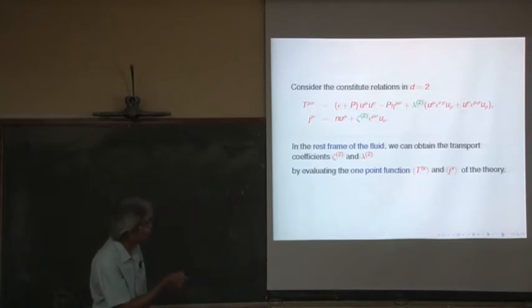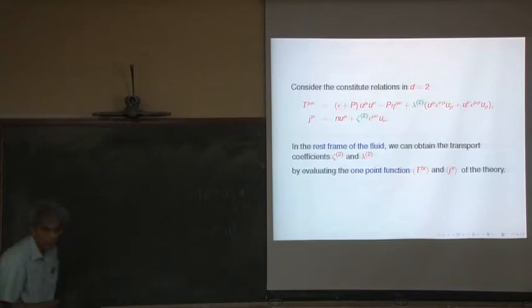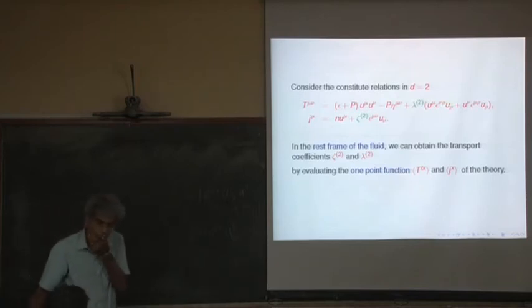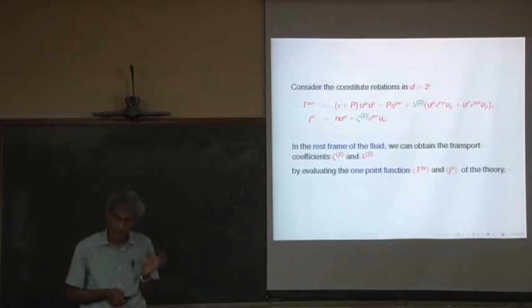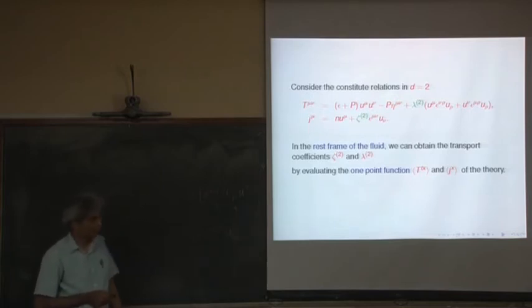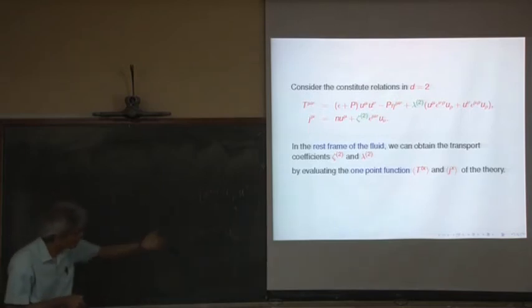Then you can pick this out, because the 0x component will pick out only this. Are we in a conformal field theory or an arbitrary field theory? Arbitrary. Actually, finally, I'll calculate only free chiral fermions.